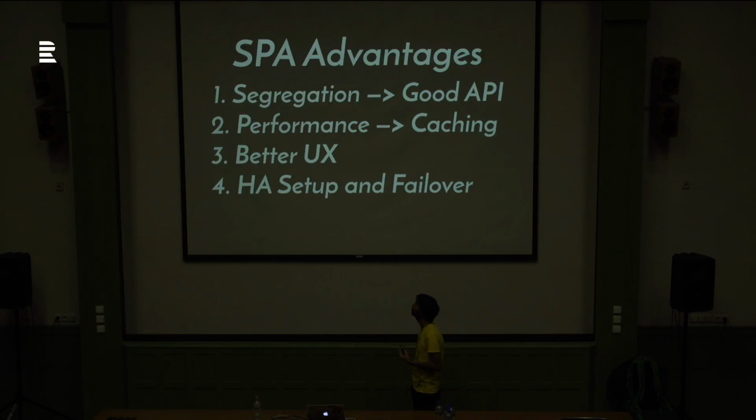So if you use a single-page application, you can always design for failure, which means that you can have version 1, version 2 of your API, and for example, if a request to the newest version of the API fails, you can send the same request to the old version, or have another instance of your API in another data center, which is easily achievable.